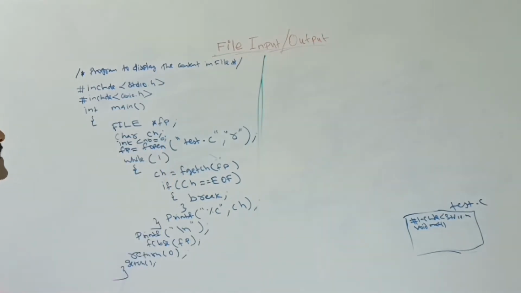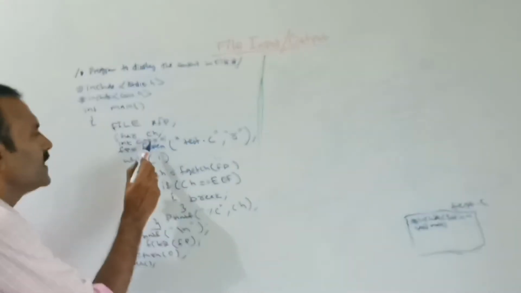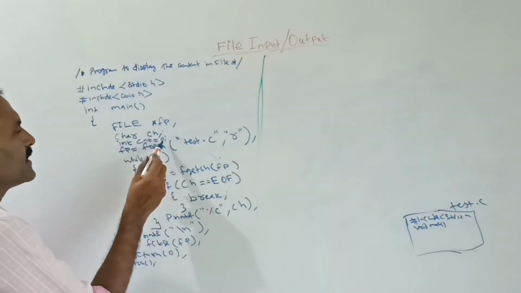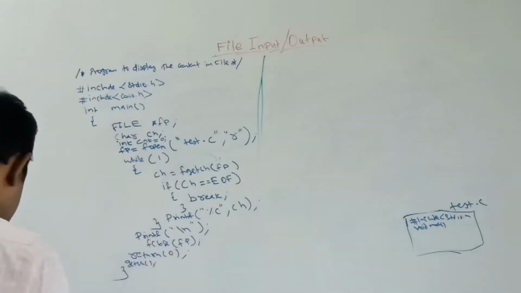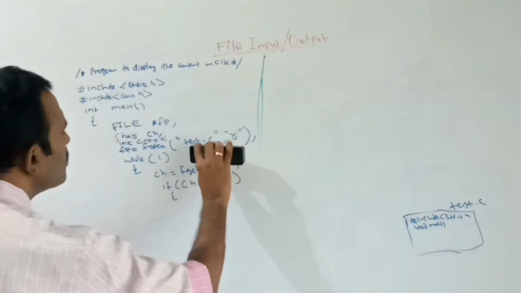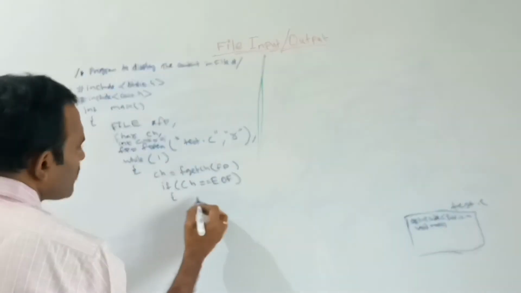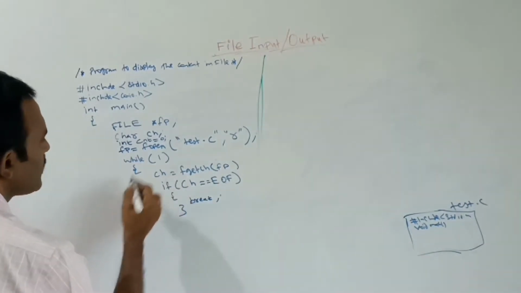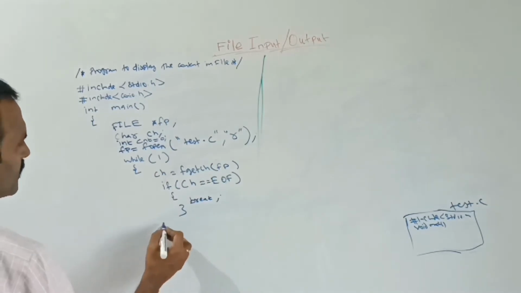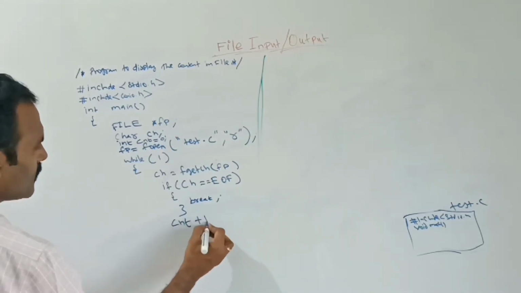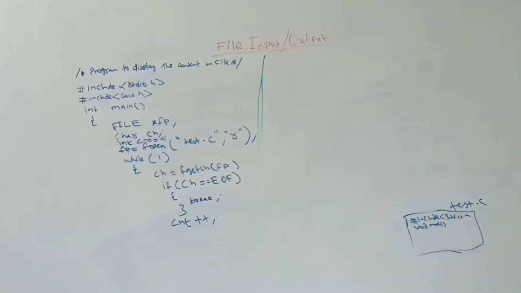I am creating the variable cnt to count the total number of letters, initializing it to 0. If it is the end of file, EOF, then I am telling it to break. Otherwise I am telling it to count, which is cnt plus plus. I am incrementing cnt.